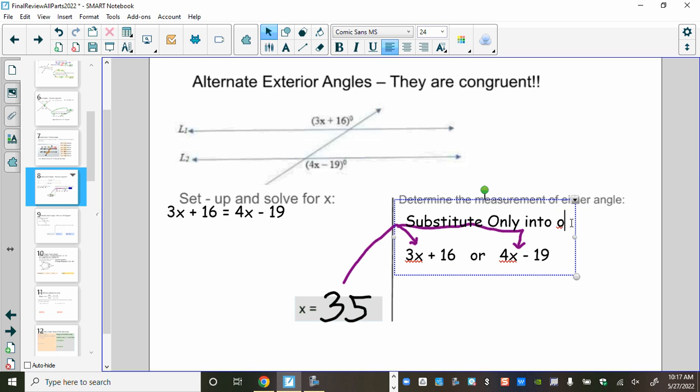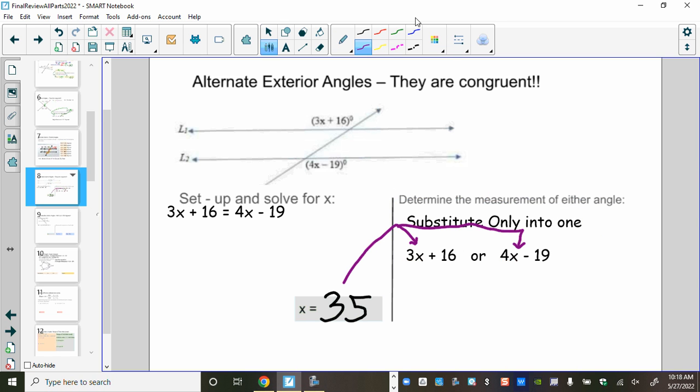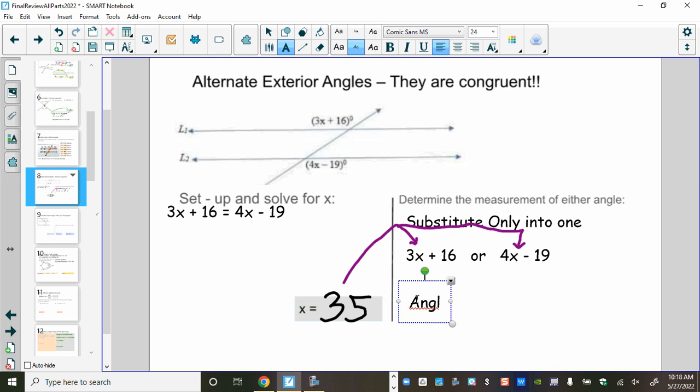I should say only into the one. And you should get angle measure is 121. Yep. Because 3 times 35 plus 16, or 4 times 35 minus 19? You get 121.